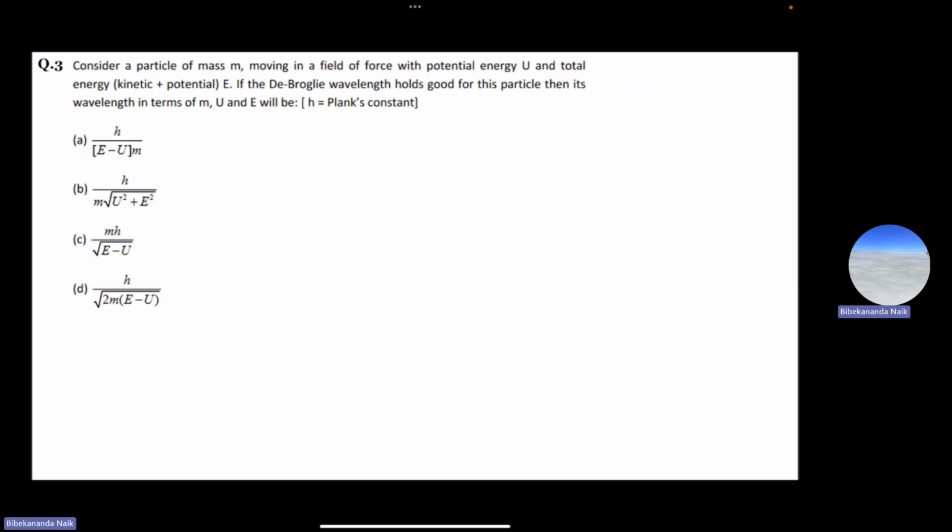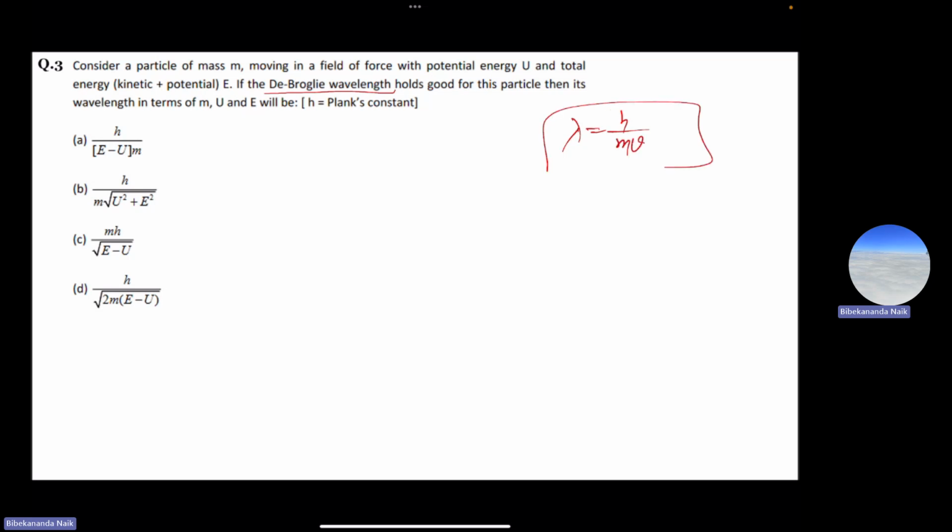This question is related to de Broglie's wavelength, and we have already discussed de Broglie's postulate, that each material particle is associated with a wave, and the wavelength is given by the formula lambda equals h by mv.